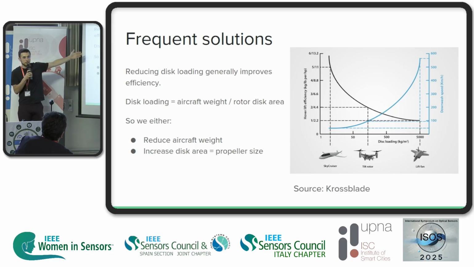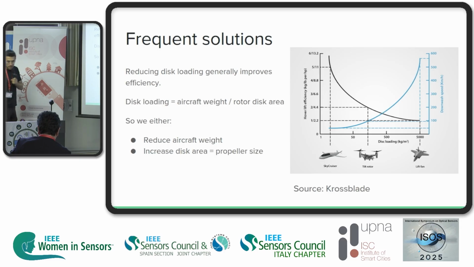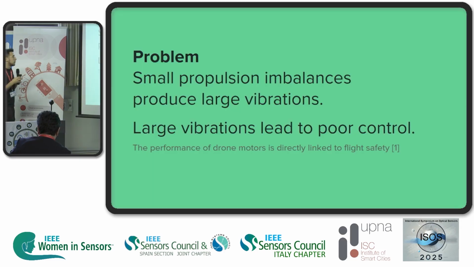So what are the options here? Well, there is not much to do. We either reduce the aircraft weight or we increase the disk area, which is the same as saying that we will increase the propeller size. But with this solution comes a big problem. Whenever we get a small propulsion imbalance, for example a poorly balanced propeller, it can produce larger vibrations.